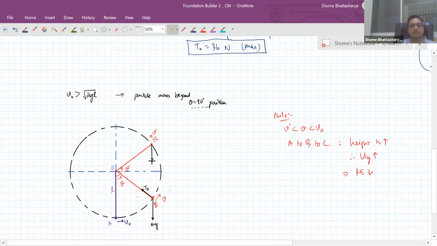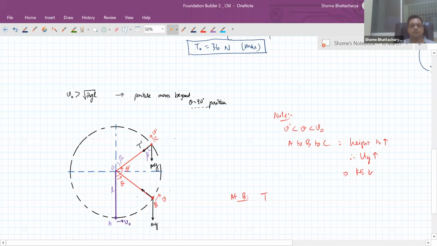Now at this point C, you can see tension and mg are acting in such a way that their radial components are both centripetal. At the point C, if I denote this angle as some other angle, beta, which is a different angle compared to theta, that's the same as this angle beta. At the point B, we have the equation for tension at B, which I'll just write as T instead of TB.